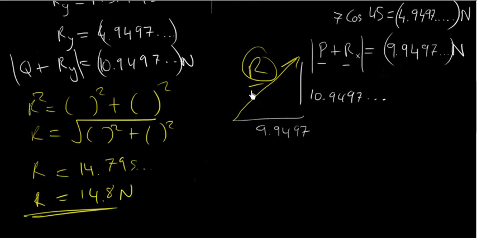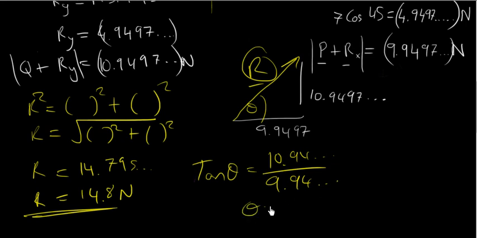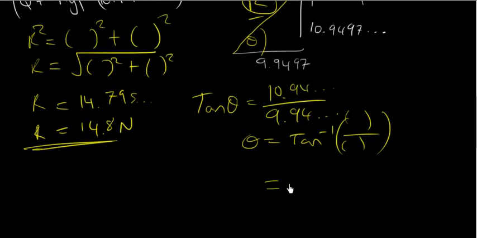And now if we want to find the angle that we're also asked for, then we need to do opposite over adjacent, for example, and that's tan of theta is equal to 10.94 blah blah blah divided by 9.94 blah blah blah, and then theta is the inverse tan of that fraction, and that works out to be 47.7 degrees.